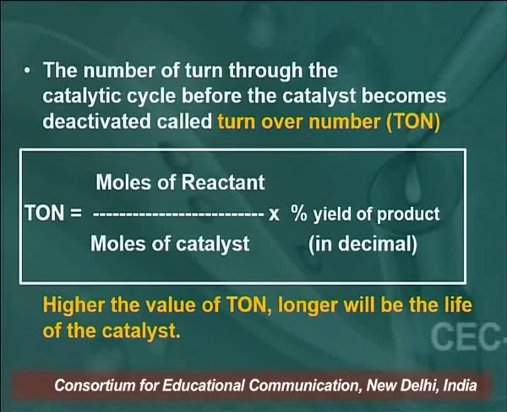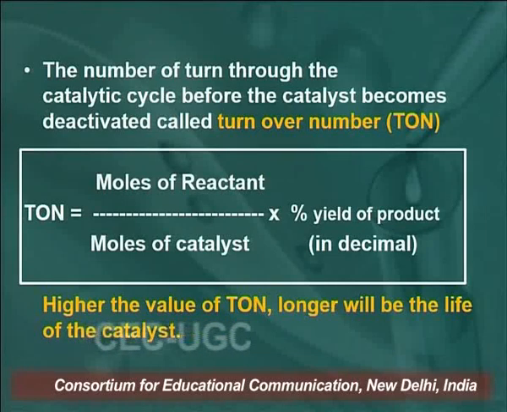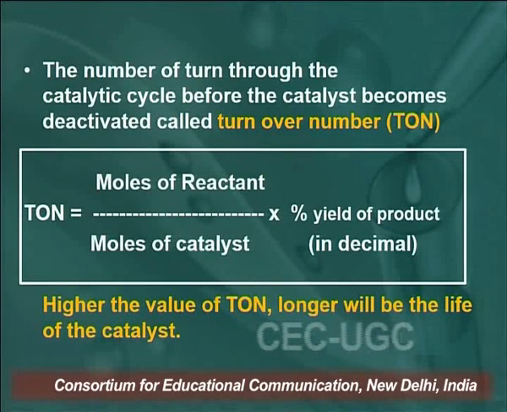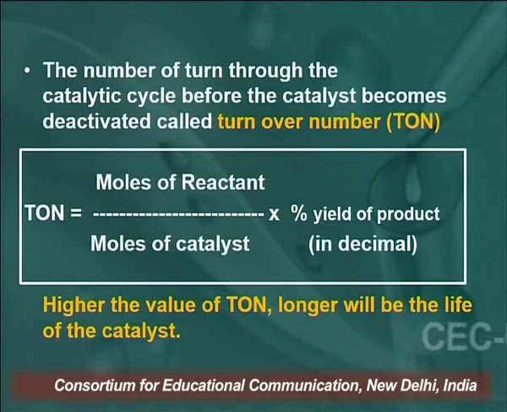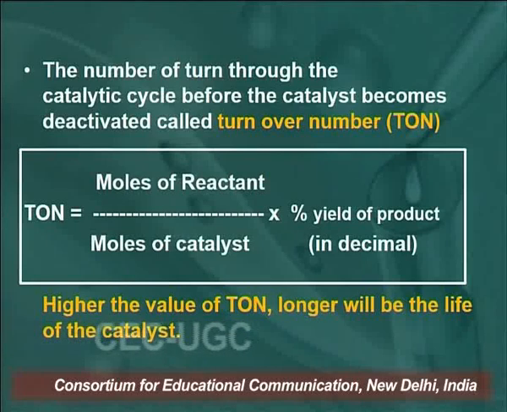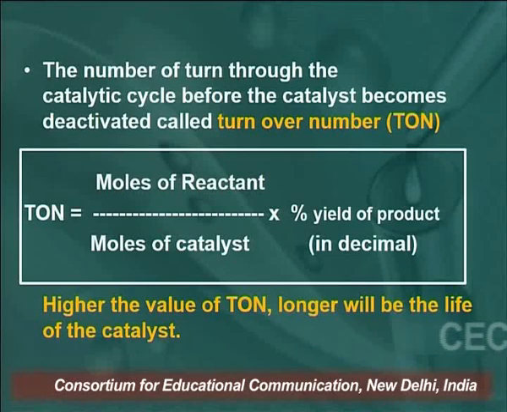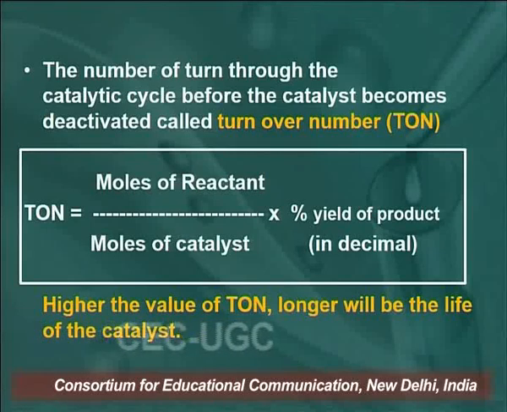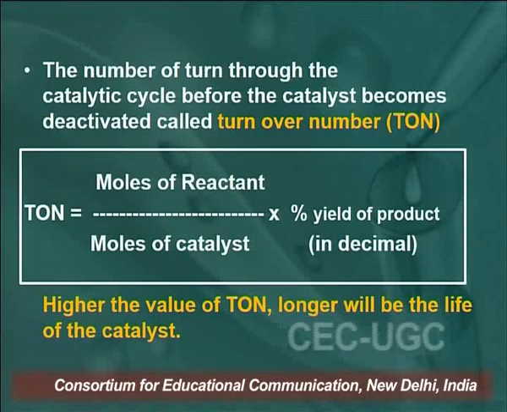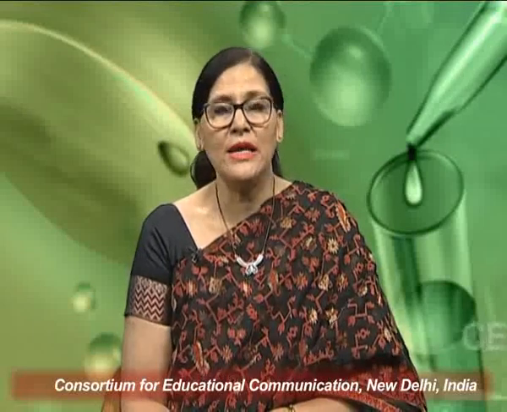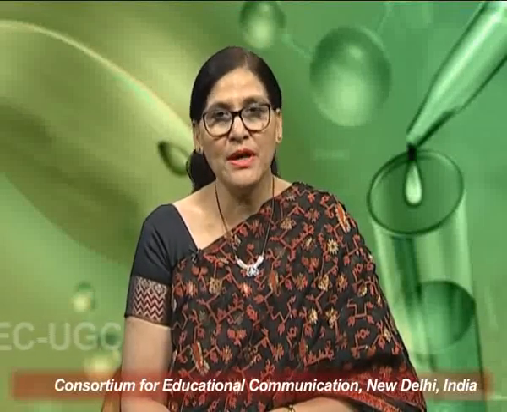And learners, the number of turns through the catalytic cycle before the catalyst becomes deactivated is called turnover number, that is TON, and it can be calculated by the formula moles of the reactant divided by the moles of the catalyst into percentage yield of the product, in decimals. So, the higher the value of turnover number, the longer the life of the catalyst.